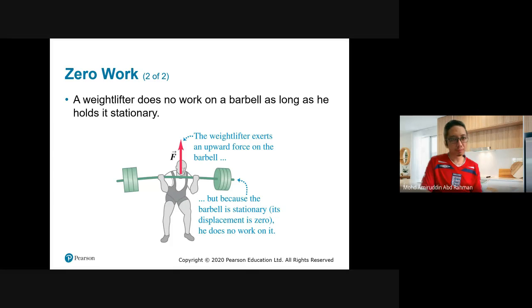Because the force on the barbell, of course, is going down, and then the weightlifter has the force pulling up. So at the moment of being stationary, we have a displacement of 0. So the weightlifter does not do any work.